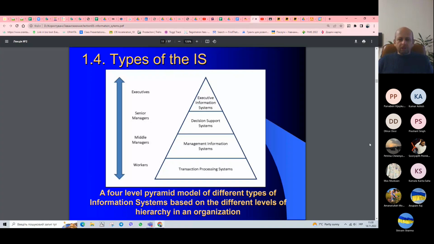Types of information system. Here is a pyramid model of different types of information system based on the different levels of hierarchy in an organization.